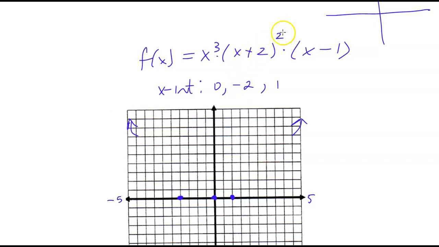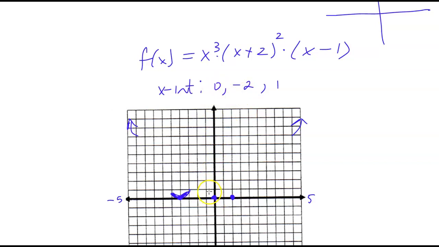And since this is even multiplicity, meaning the highest exponent on that factor, this is going to bounce off of the x-axis here, kind of like how x squared does. Okay, so this is a polynomial, so it's smooth and continuous. So it's going to come down like this, bounce off of here, and then afterwards we have to get to this next x-intercept, which is this one.